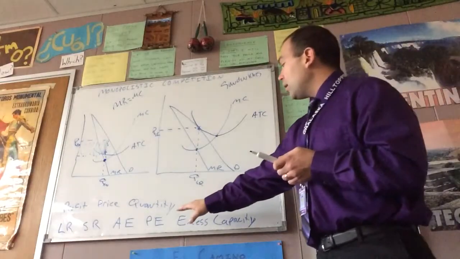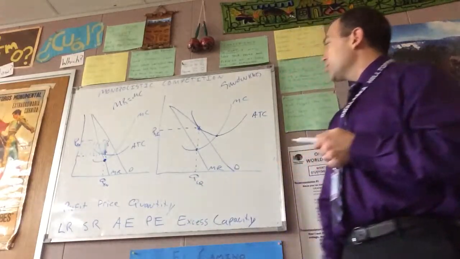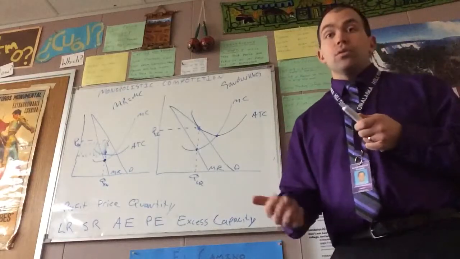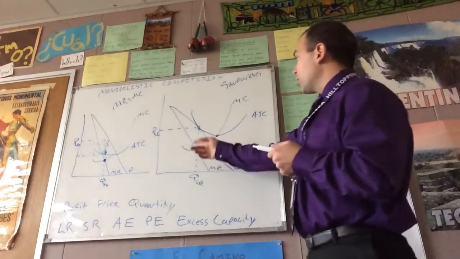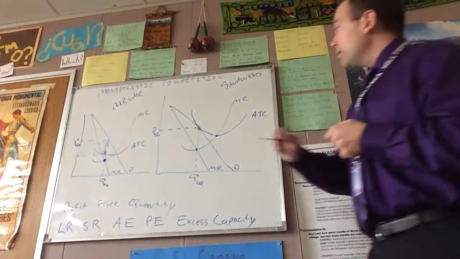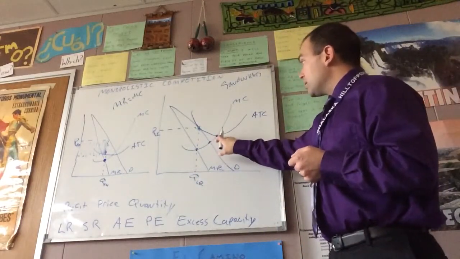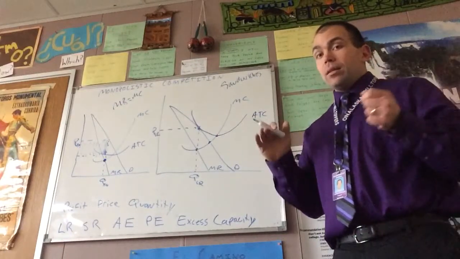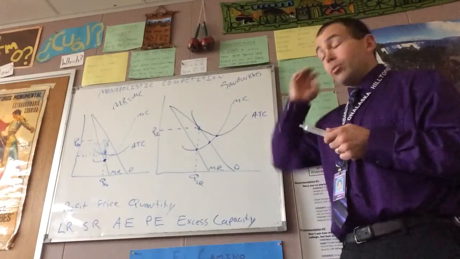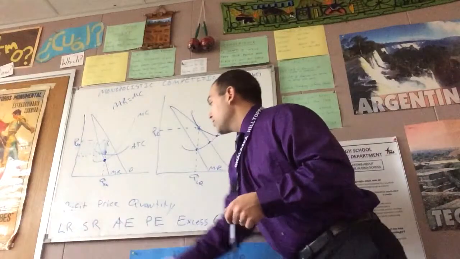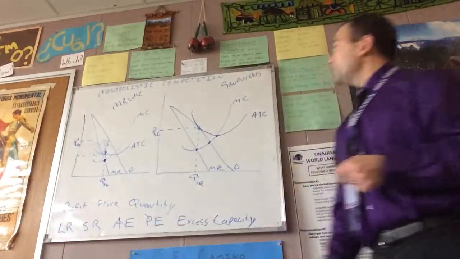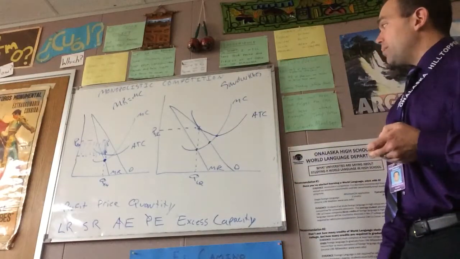What about allocatively efficient? Well, what's our pseudo supply curve? Our pseudo supply curve is our marginal cost meeting demand. It's not producing there. That's what society wants. So it's not allocatively efficient, and it's not productively efficient.